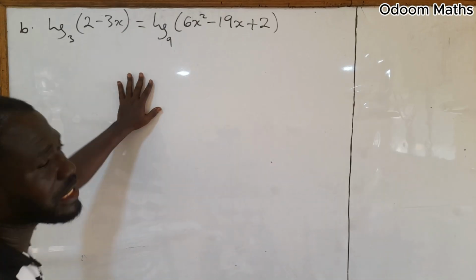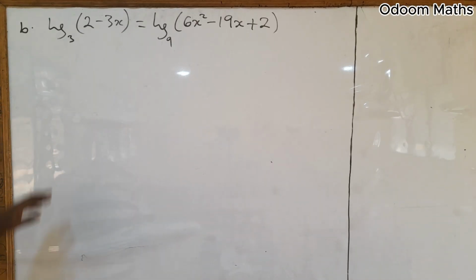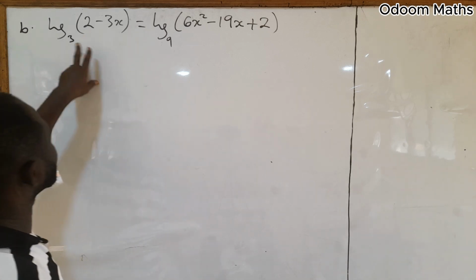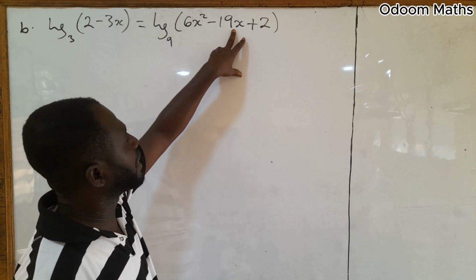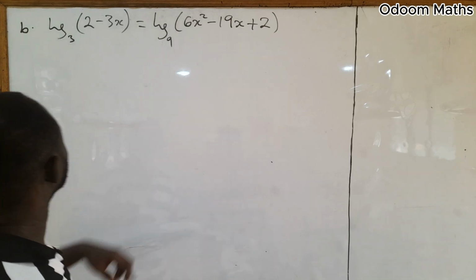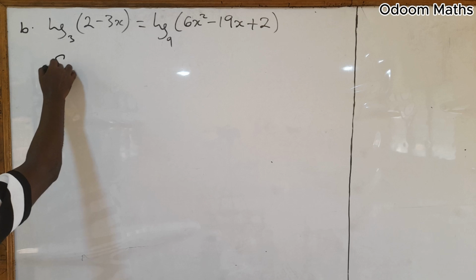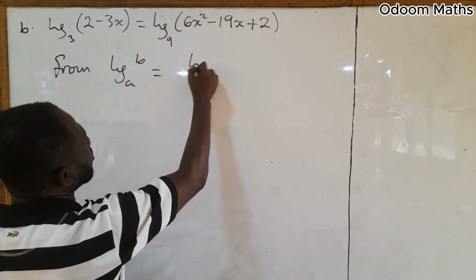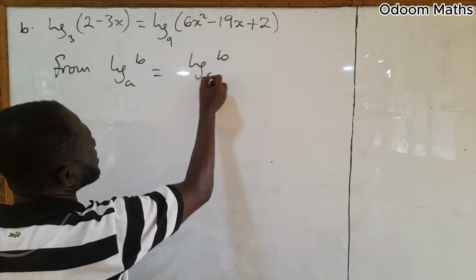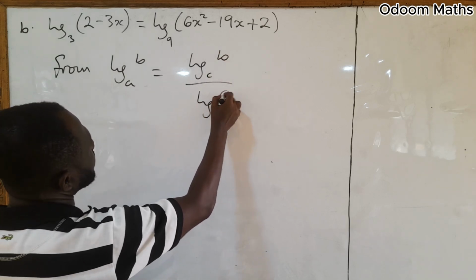Okay, so now let's look at the b, which says log 2 minus 3x base 3 equals log 6x squared minus 19x plus 2 base 9. But from log b base a, we said this is the same as log b base c over log a base c.